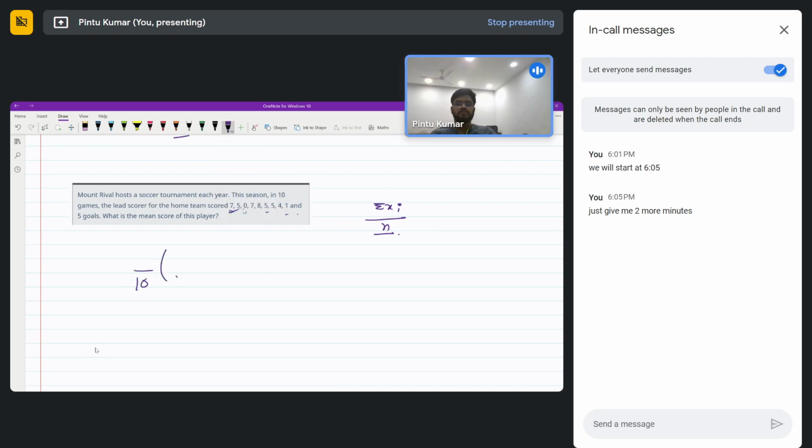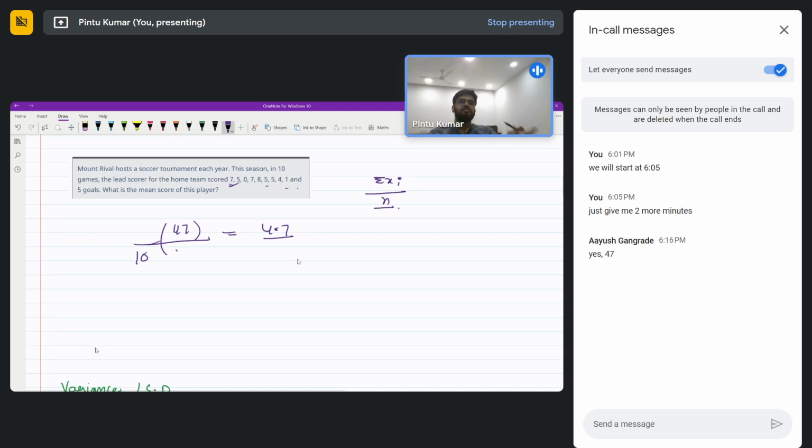It's 7 plus 5 plus 12, 19, 8, 27, and 5 is 32, 37, 41, 42, and 5, 47. I might be incorrect. Can somebody confirm? So this is 47 by 10, which is 4.7. So this is the mean score. This is how we calculate mean. Mean is just the average score that somebody scores.